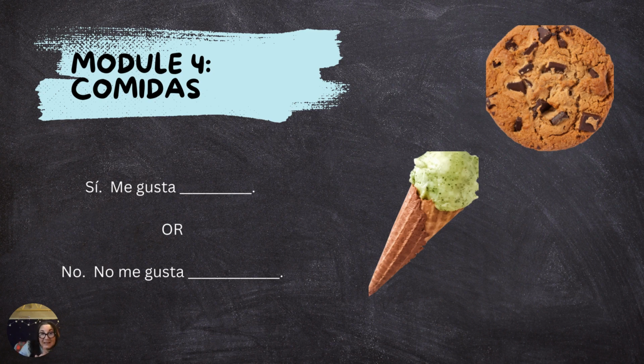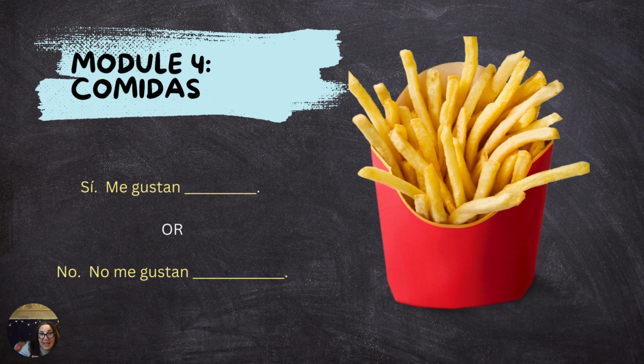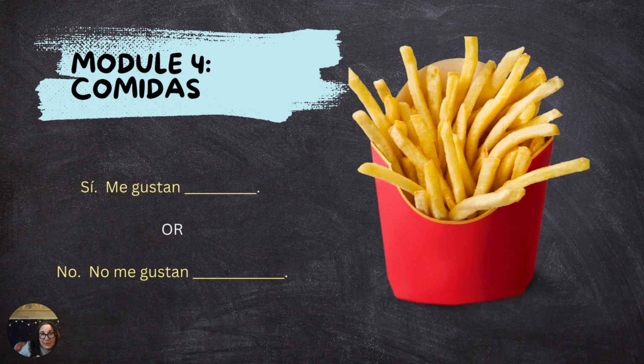Entonces, vamos a cambiar la página aquí. And look what happened to our verb. We had to put the N at the end of our verb. Again, because all those things we just talked about were singular. Now, our words are plural, so we need to change the verb to match with the subject.